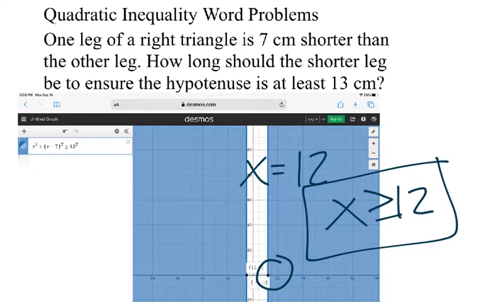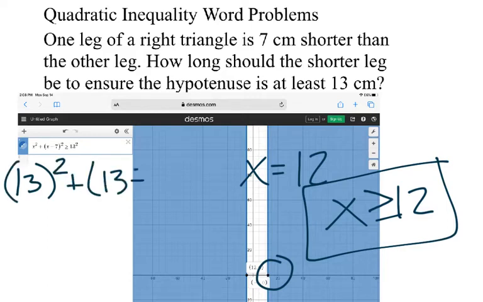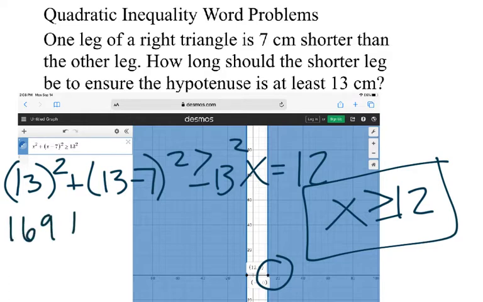So let's pick a number bigger than 12. Let's say 13. So if I replace those x's with 13, I should get a true statement. So let's see if that happens. Okay, so 13 squared is 169. Notice that I'm not even trusting my own mental math.